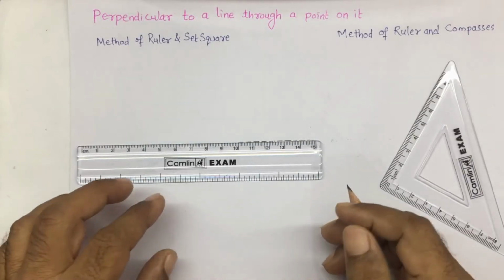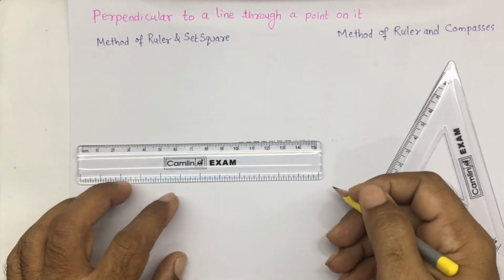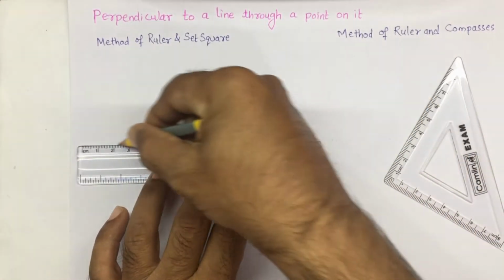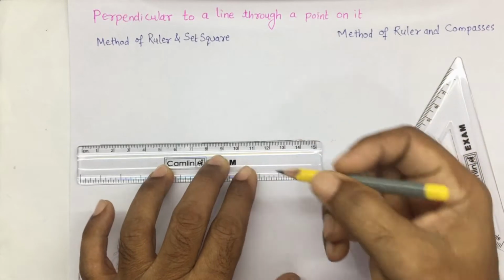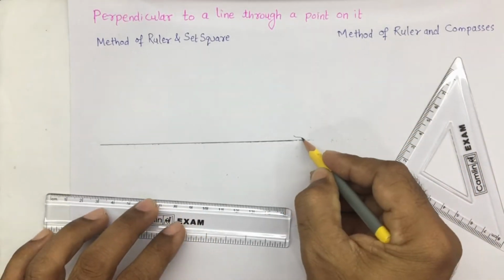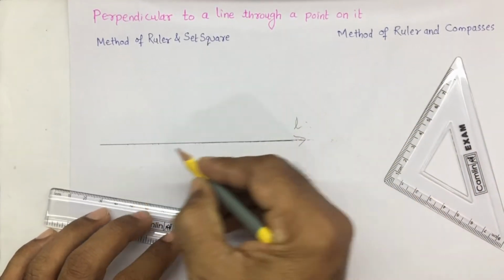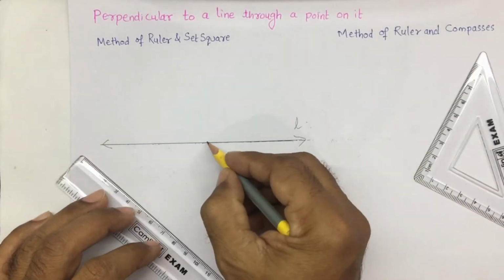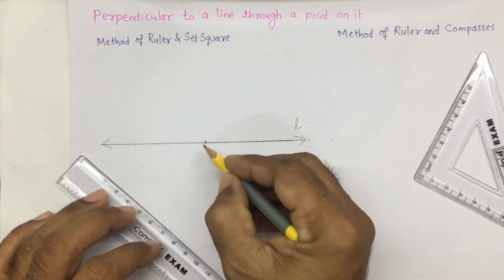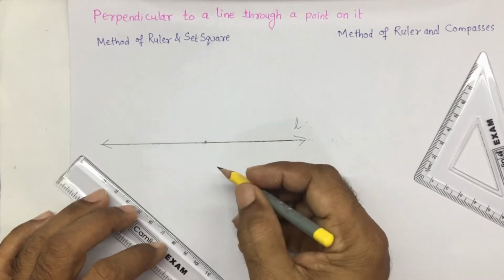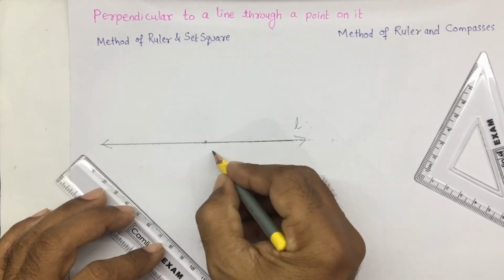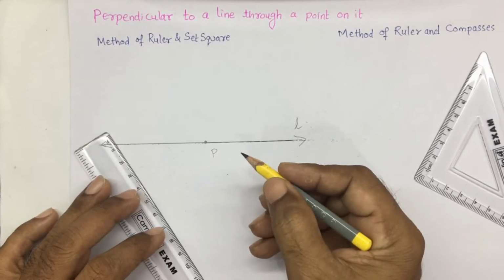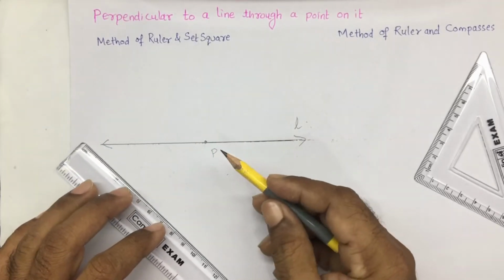Now we are drawing a perpendicular to a line through a point on it. There is a straight line here, say line L, and there is a point here, point P, and we are drawing a perpendicular through this point using the ruler and set square.